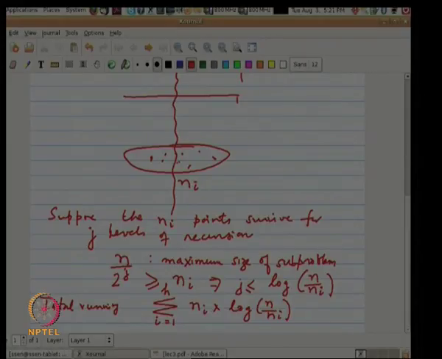Now, it still looks like a fairly not very transparent formula. What is it that we have achieved, unless some people have seen it before? This actually has a very nice connection with what is called multi-set sorting. Multi-set sorting means you are sorting some numbers where there can be repetitions.